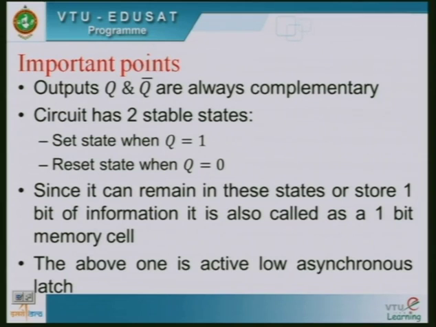So, since it can remain in these states and store one bit of information, whatever is the value of Q, we can call it a 1-bit memory cell. This S bar R bar latch we have studied is also called a 1-bit memory cell, and what we have done now is an asynchronous latch because there is no clock signal or enable signal, output changes in response to the inputs immediately. So it's an asynchronous latch.